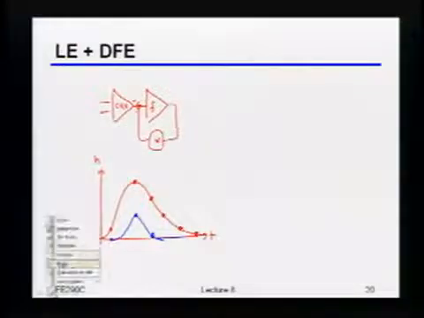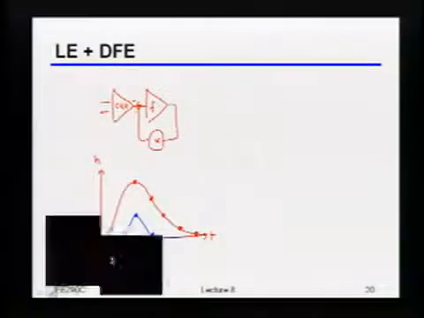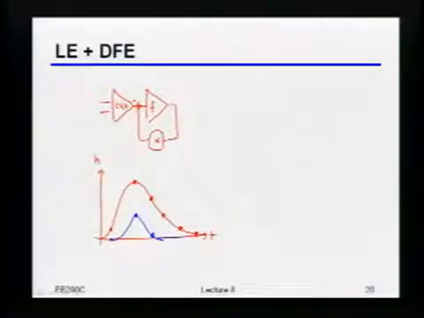So to draw it approximately, and this time I'll do it maybe in black, what I would now get just out of the linear equalizer kind of looks like this. Okay, so I still want it to be 0 at these other points, right? But now I've allowed myself to leave some ISI there on that very first post cursor, right?